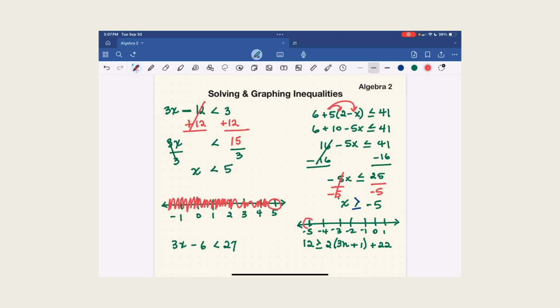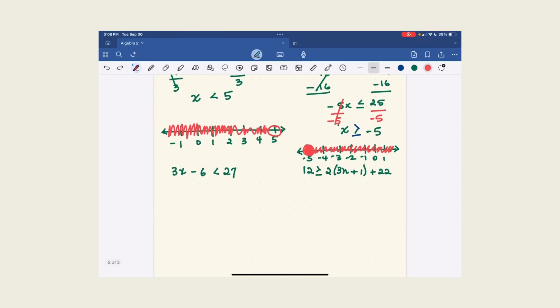So when we graph our inequality, we will use a closed circle to show that all of the numbers greater than negative 5 are indeed included in this solution. We would do the same check as we did in the first example here to show that the inequality statement is true.